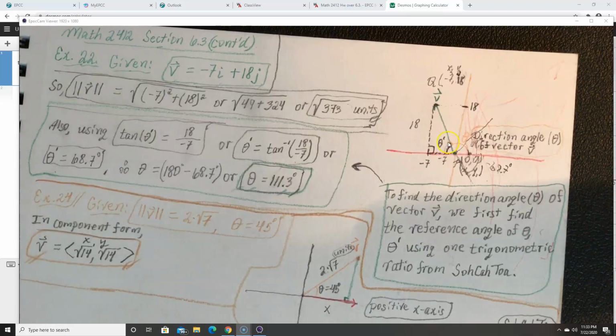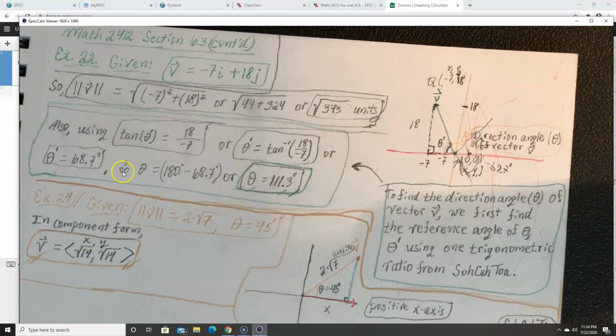So now, if this is 68.7 degrees, then what's this one? Well, we know all the way from starting position to here is 180 degrees, but that's too far. So we've got to back up the reference angle. So it's 180 degrees minus the 68.7.